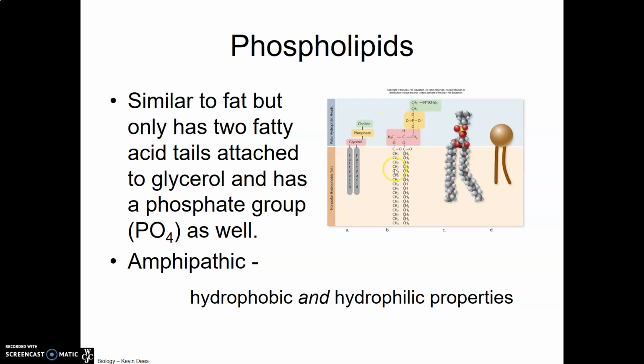Now, the fatty acid tails being extremely nonpolar, and this phosphate group with all of these oxygens around it being polar, gives these phospholipids a very unique set of characteristics. In fact, they have both hydrophobic and hydrophilic properties. The word that we use to describe a molecule that has both hydrophobic and hydrophilic properties is amphipathic. The word amphipathic refers to both, right? So it's both hydrophobic and hydrophilic.